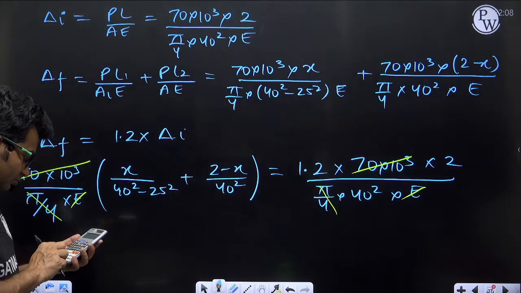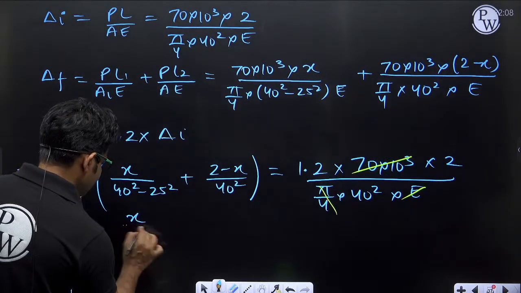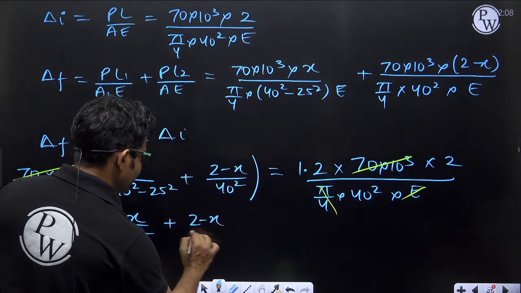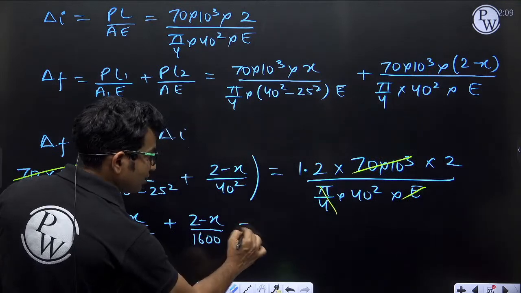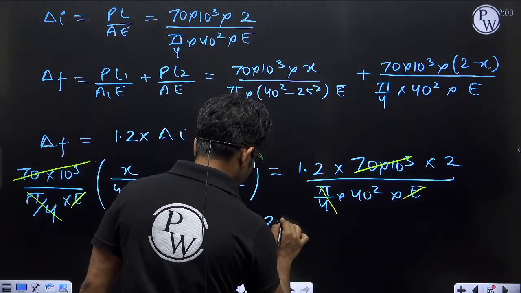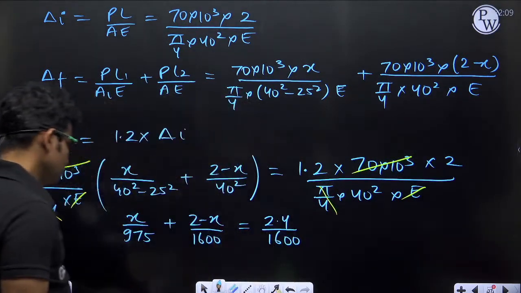40 square minus 25 square, 975. So x upon 975 plus 2 minus x upon 1600 will be equal to 1.2 into 2, that means 2.4 upon 1600. So we have to solve this.